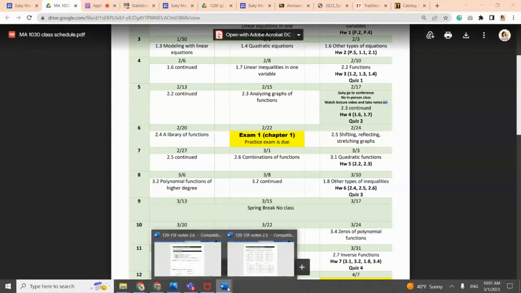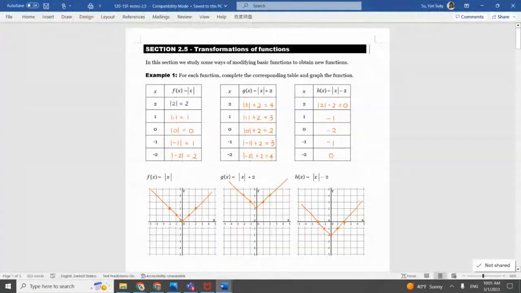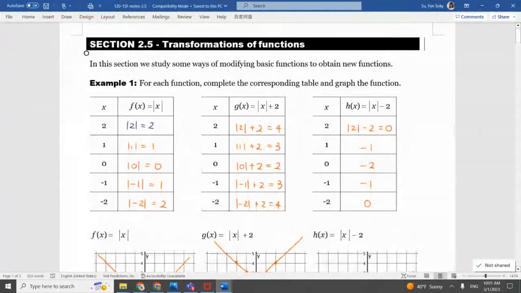So let's continue. Last time we talked about 2.5, right? Okay, let's review. What's the graph of the function look like? So hands up, everybody. Line, x squared, x cubed.